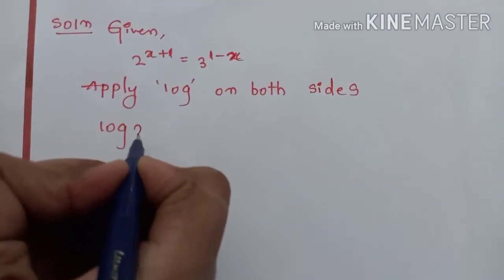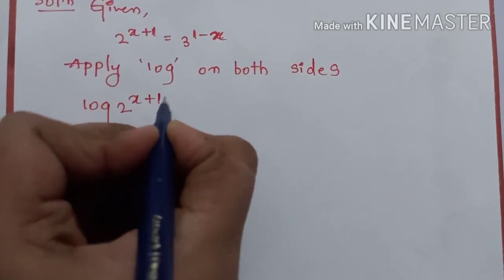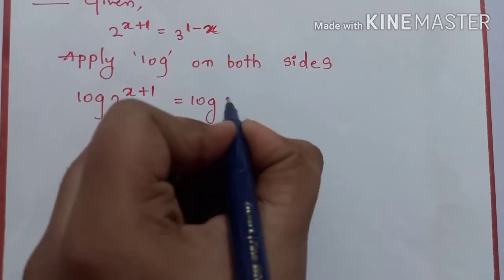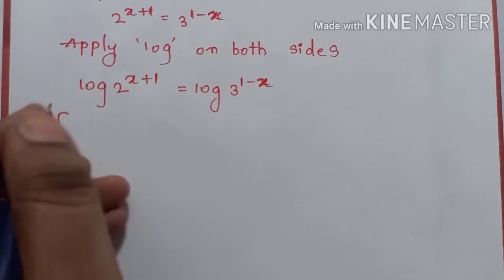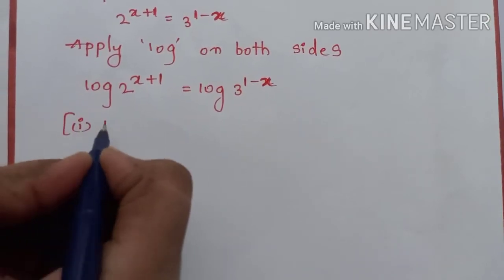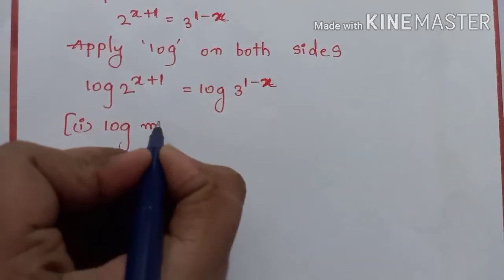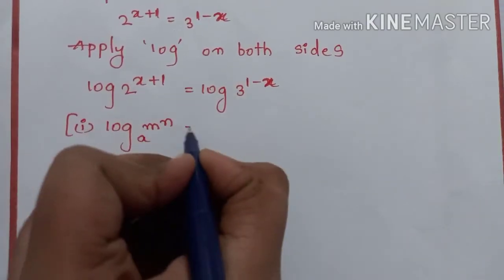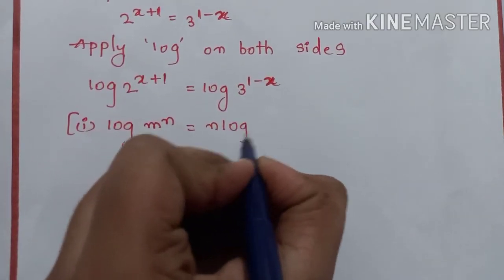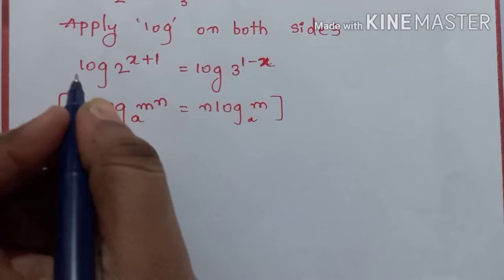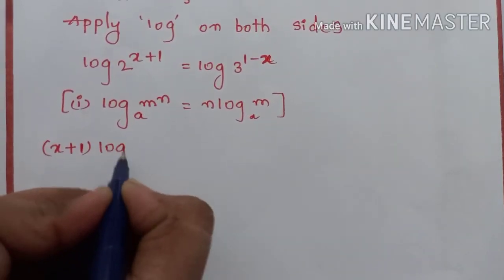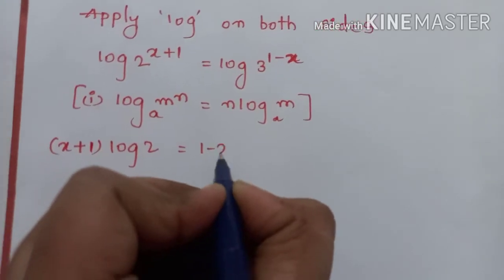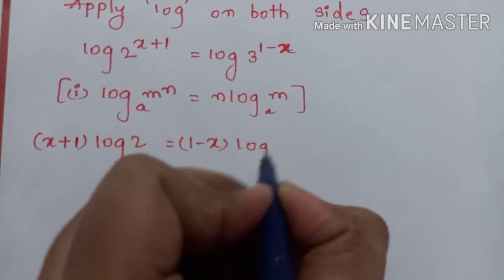So log 2^(x+1) equals log 3^(1-x). From the property log m to the power n to the base a can be written as n log m to the base a, here it becomes (x+1) log 2 equals (1-x) log 3.